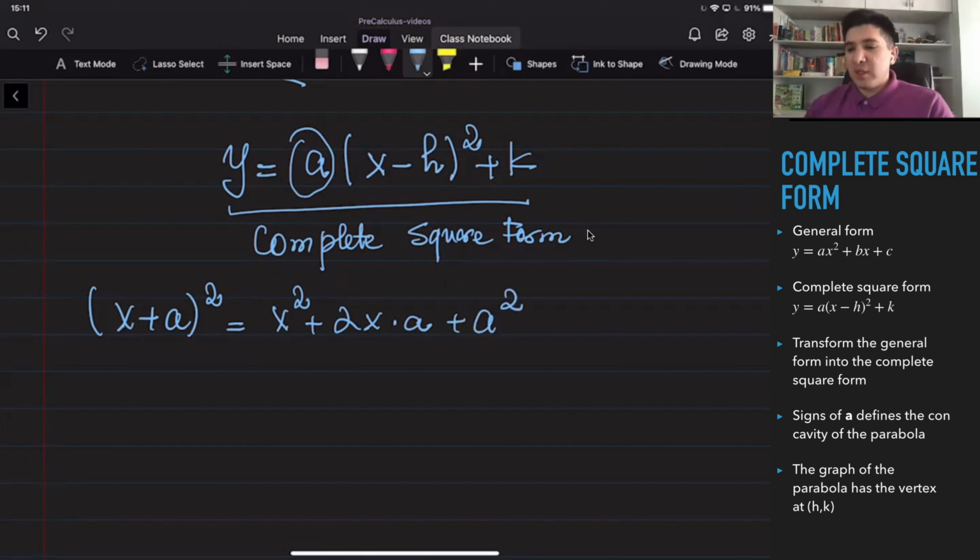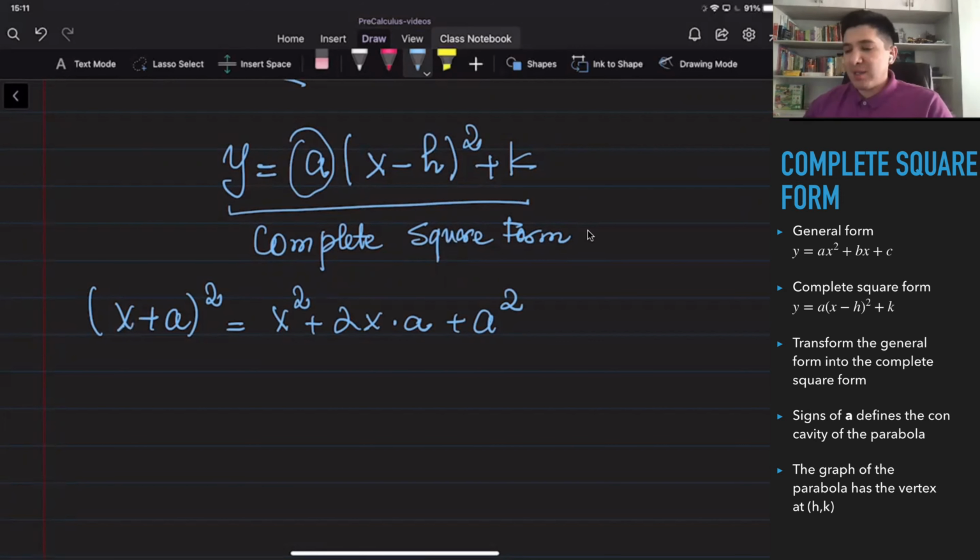So any complete square of the form x plus a or x minus a comes as x squared, then 2x times some constant, then this constant squared. Or, at the same time, (x minus a) squared can be written as x squared minus 2x times a plus a squared.